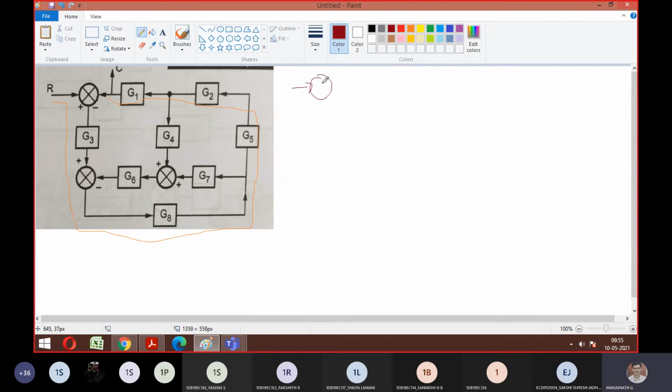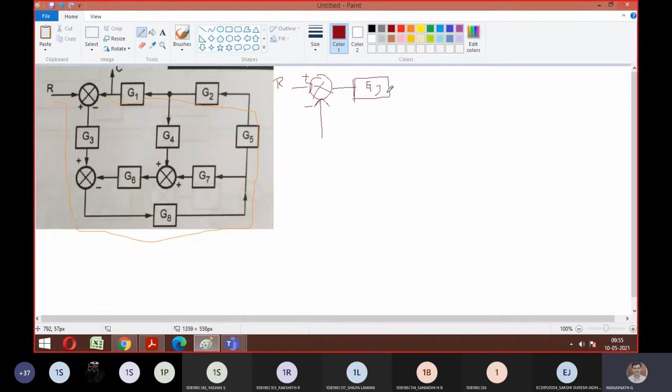Elimination, this diagram to this diagram: input is there, you go with the forward path. Then you have G3. If this symbol, your plus will be there and your minus will be there, the same way we did the previous one.